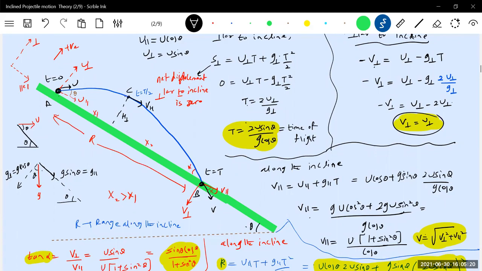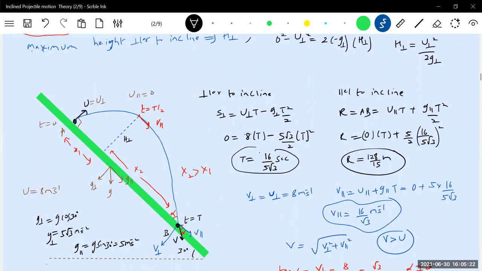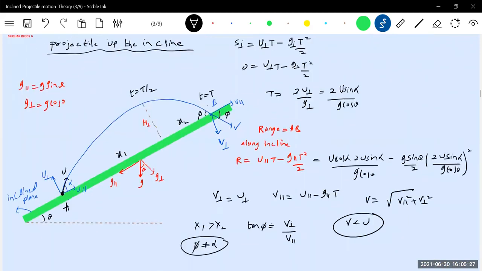Sir, can you scroll down? We are here, projectile up the incline.